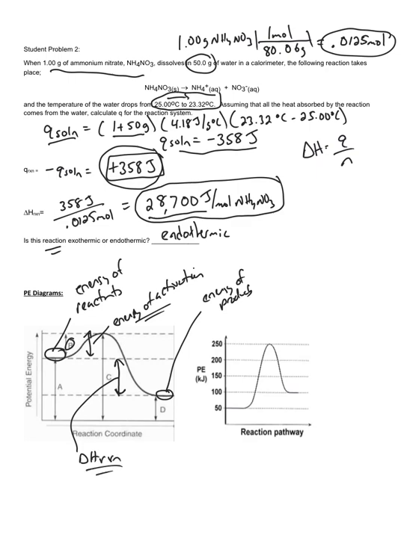So if the products end up lower than the reactants in their amount of energy, is this an endothermic or exothermic reaction? Has energy come in, or is energy being released? Hopefully most of you said exothermic. Energy is going to be released, and therefore enthalpy should have a negative value.